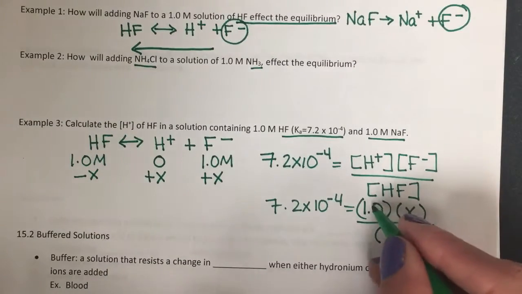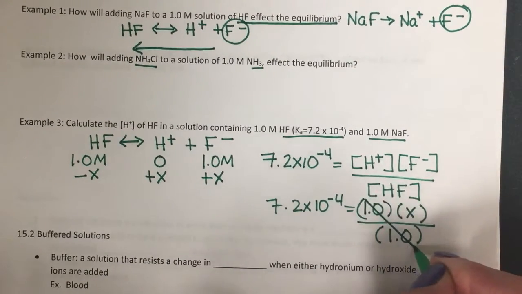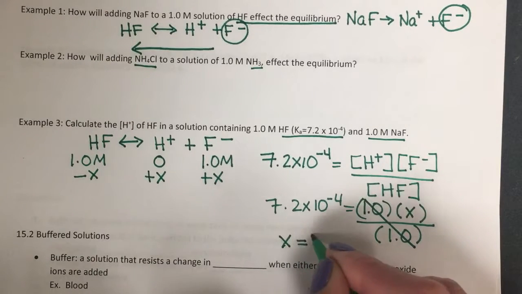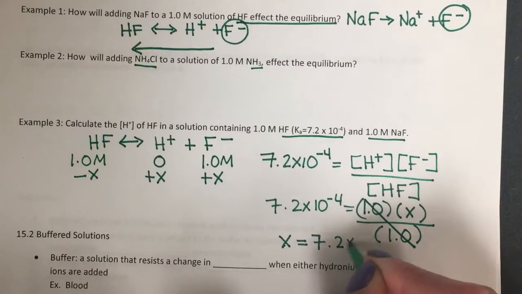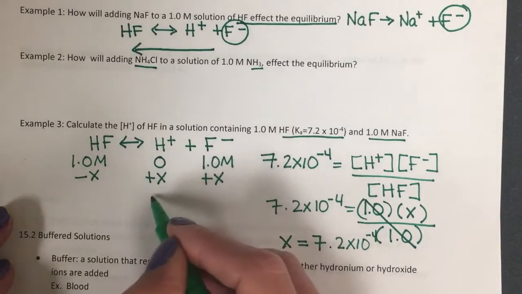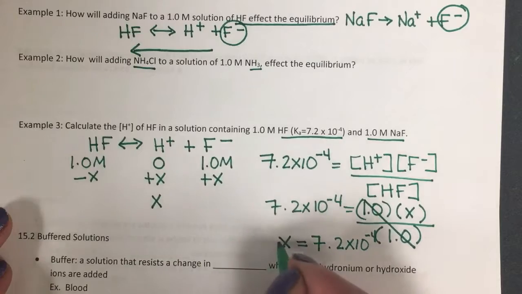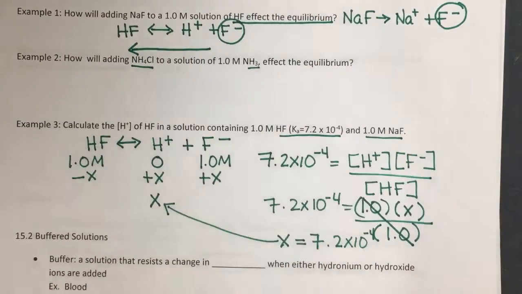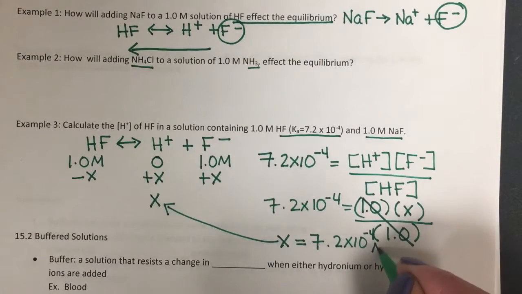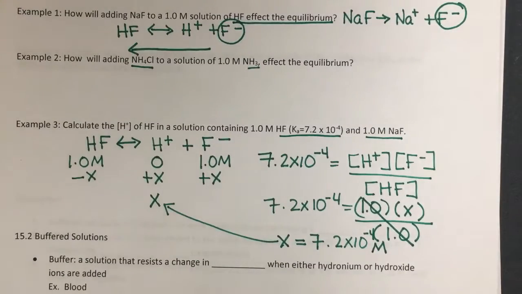So these two things are going to cancel out. I'm told that X is equal to 7.2 times 10 to the negative fourth. X is going to be equal to my H plus concentration. So at equilibrium in the solution, H plus is equal to 7.2 times 10 to the negative fourth molar. Okay?